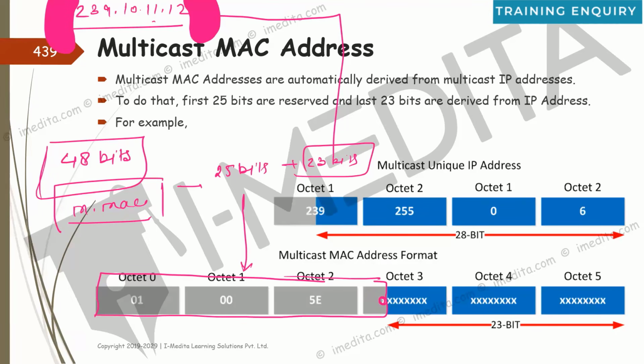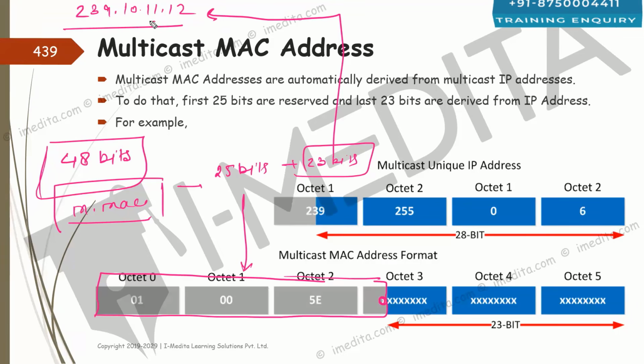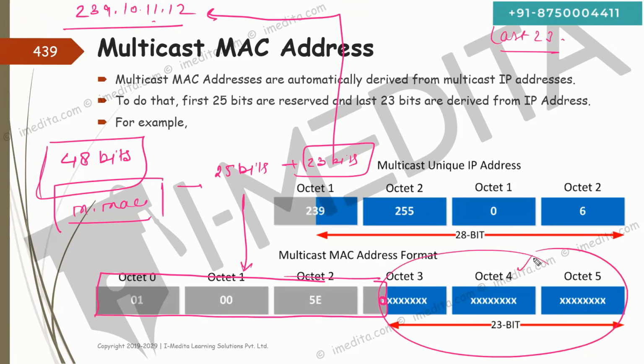So convert this multicast IP into binary, take the last 23 bits and write them down here. I converted this into binary, 8, 8. So 8 bits, and from here 7 bits I have to take. 8 plus 8 plus 7 is equal to 23.